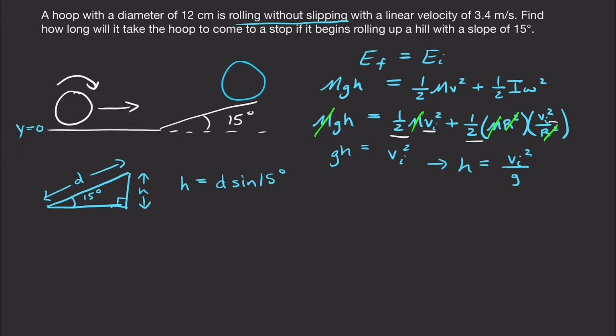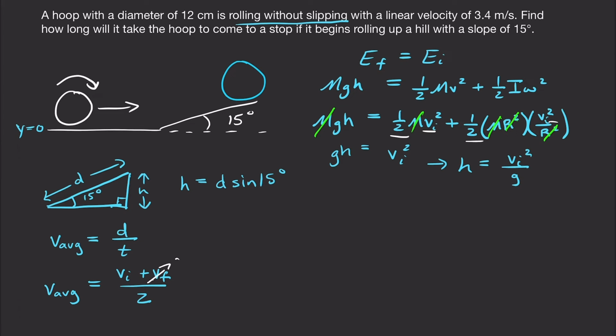And now we can use the fact that our average velocity is just equal to the distance that it travels over time. And the average velocity is also, we can just do a mathematical average. So it started at some initial velocity and it ended at some final velocity. So we can just add those together and divide by 2 and get another definition for average velocity.